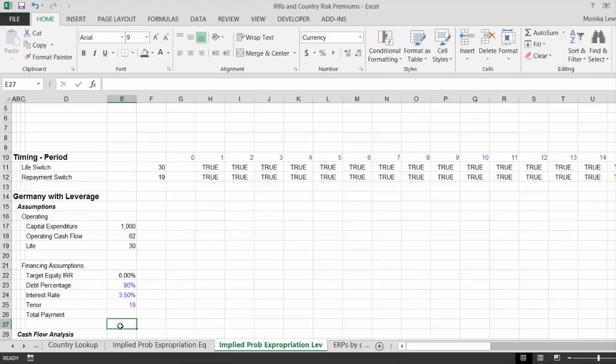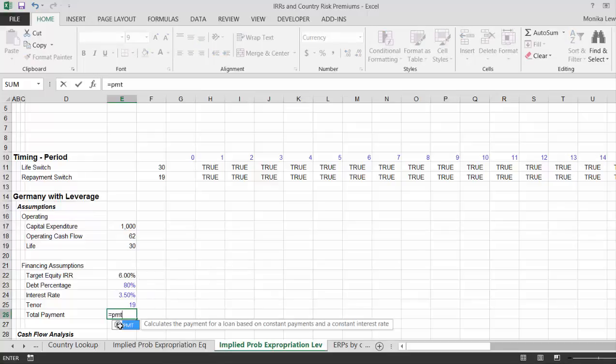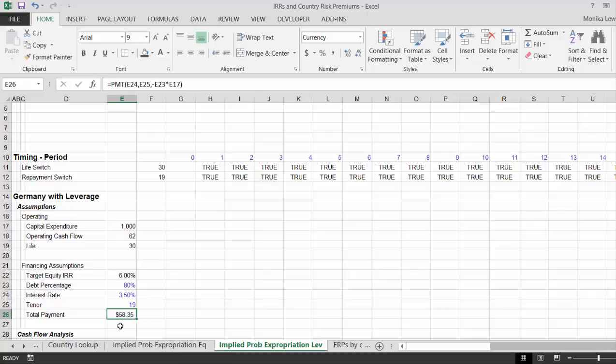Okay, that didn't do much, so I'll put in a column. So now if we just want a simple level repayment, because we're going to have a simple level cash flow, we can put PMT, the interest rate, the number of periods, and a minus on the amount of the debt, which is 80% of the capex. So 1, let's make this 3%.